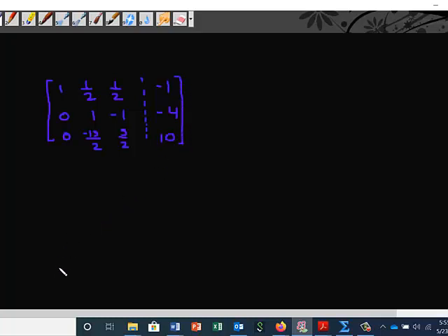So now what we would like to do is get a 0 in this position here. So we're going to add, or should I say multiply, 13 over 2 to row 2 to get the new row 3. So let me write that out.